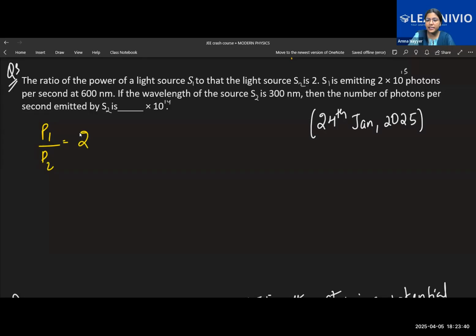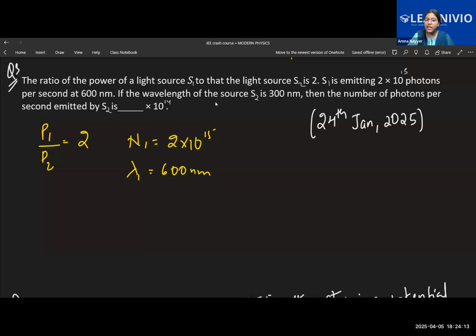Then it is saying S1 is emitting 2 into 10 to the power 15 photons per second at 600 nanometer. So the wavelength is given. N1 is given as 2 into 10 to the power 15 photons, and wavelength lambda 1 is 600 nanometer.